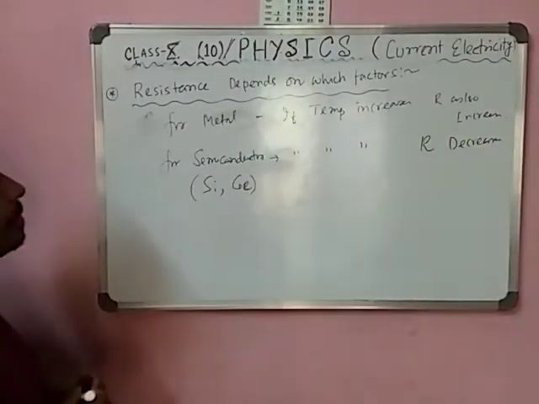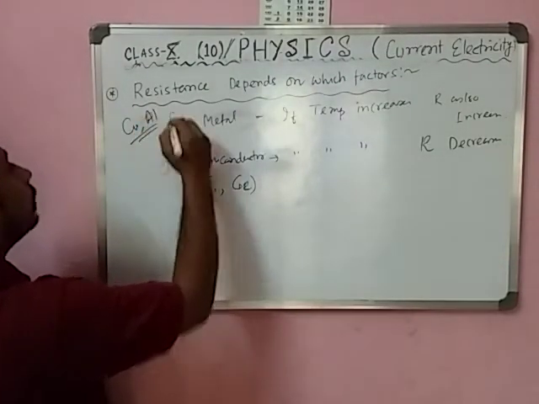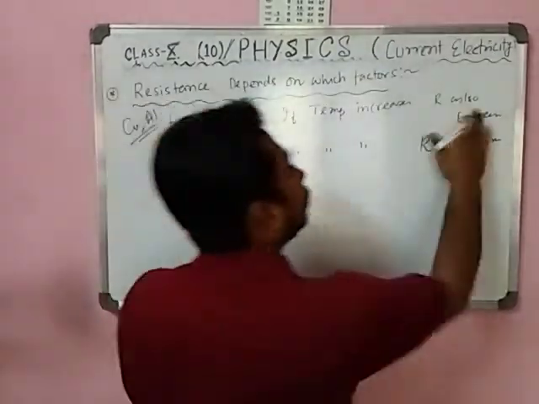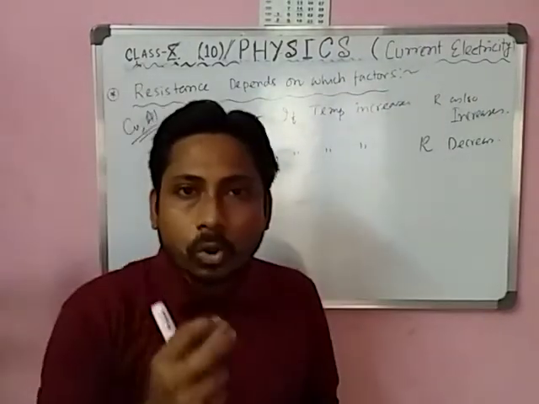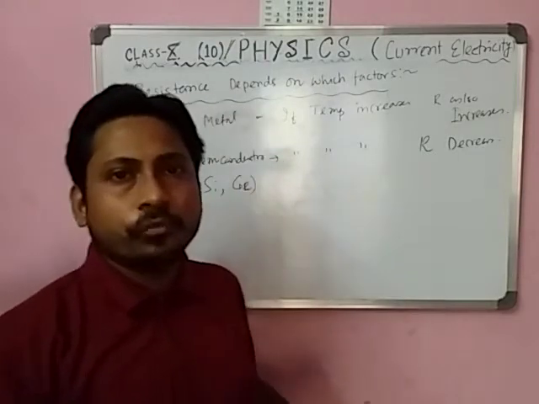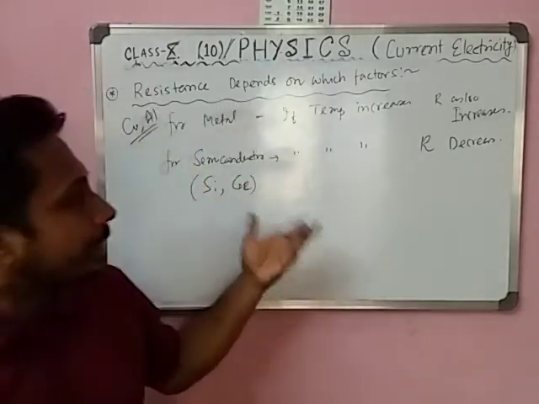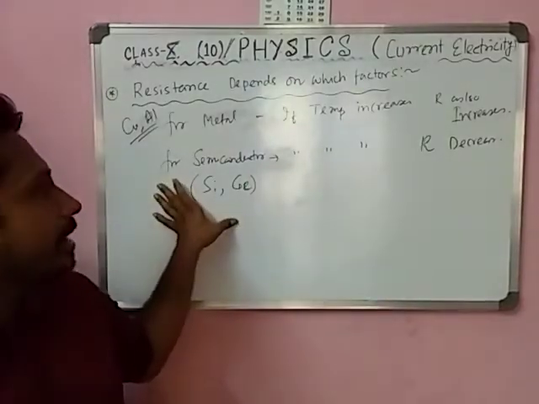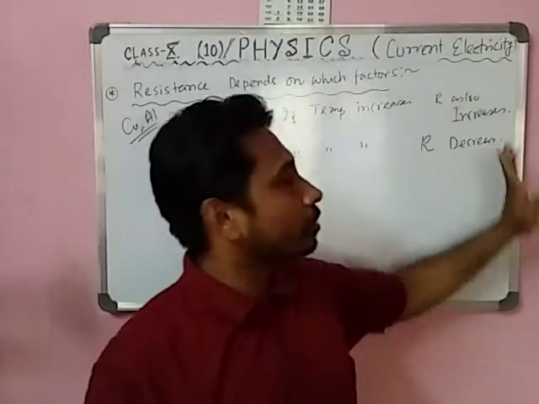For metals like copper and aluminium, if temperature increases, R also increases. A semiconductor contains very few free electrons, so when you give it temperature, the electrons increase and the resistance decreases. For semiconductors resistance decreases, and for metals, as temperature increases, resistance also increases.